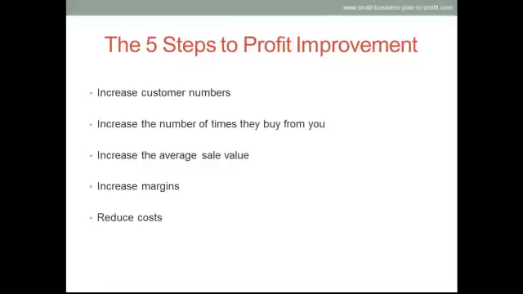Clearly, the more customers coming through, the more profit you're going to make. With those customers that are coming through, you need to find ways to increase the number of times they buy from you. As they come and buy from you, we need to increase the average sale value, so every sale transaction becomes worth more money to you, so we're increasing our top line sale value.